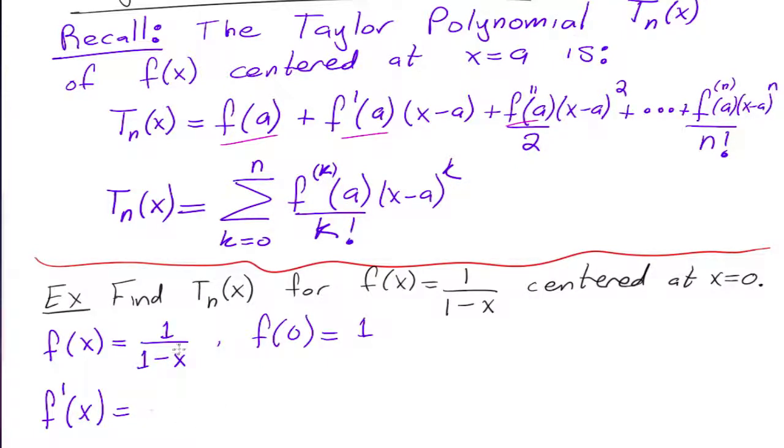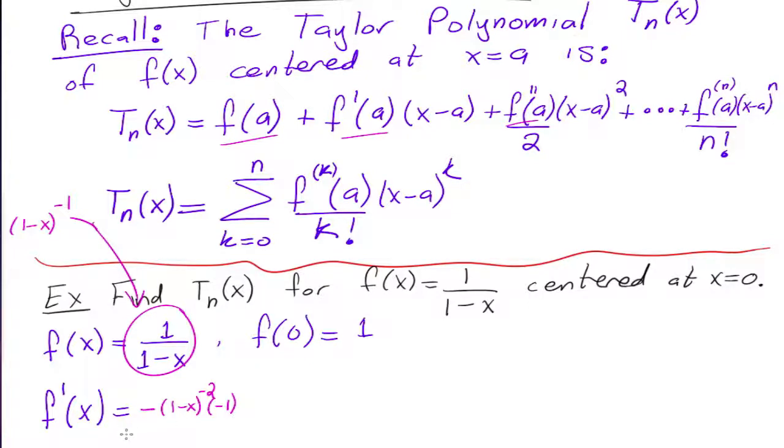So if I bring this up, I'll just write it over here. 1 minus x to the negative 1. So I bring that negative down, right? Negative 1 minus x to the negative 2, right? But then you have to use the chain rule, which means you have to multiply by the derivative of the inside, which is equal to negative 1, right?